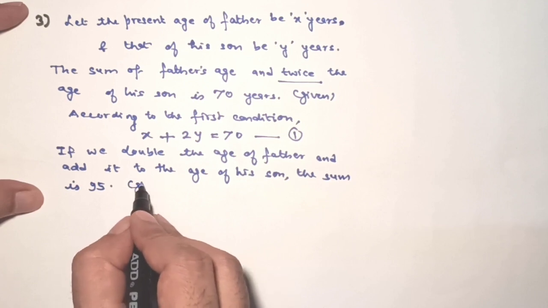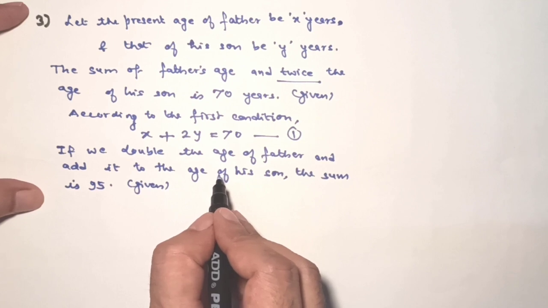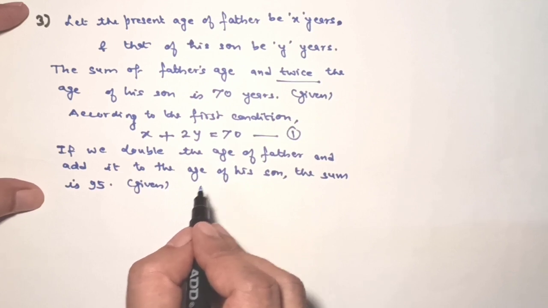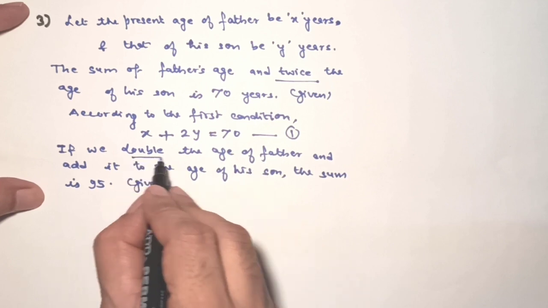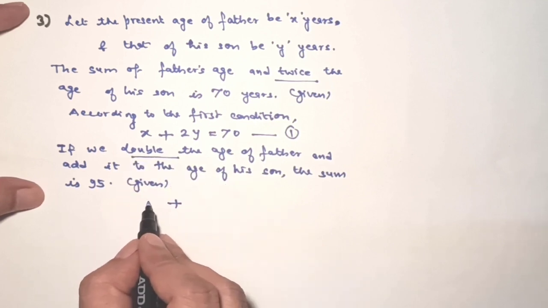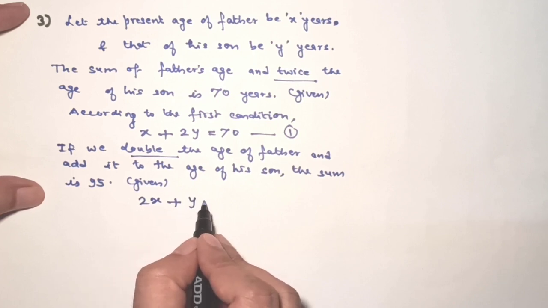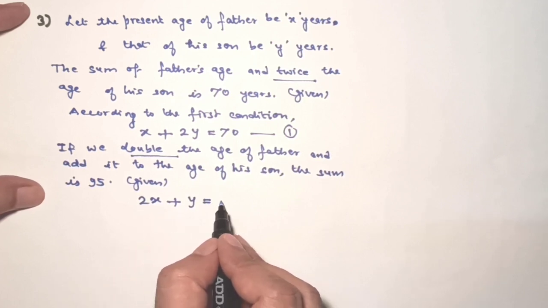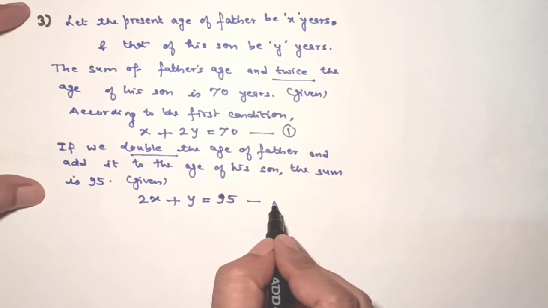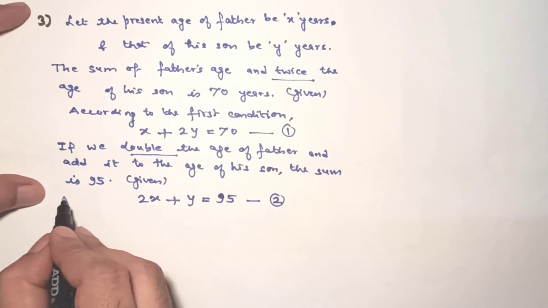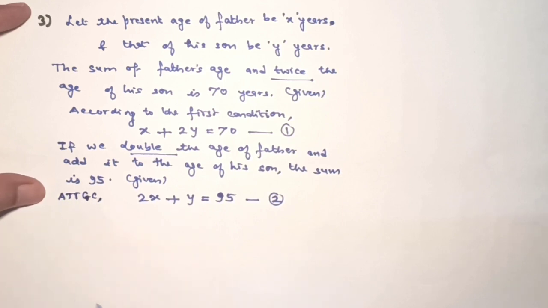It is again given to you. You write down so that you can find out easily. Again there is a sum, but here now you have to double the age of father. So father's age is x, double it to 2x, plus y, it will give you 95. This is your second equation according to the given condition, second condition.